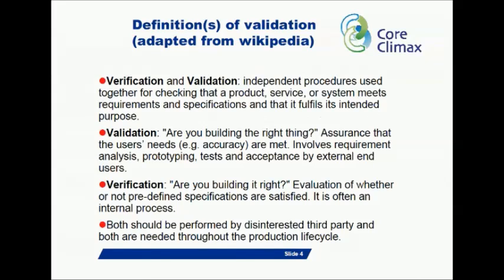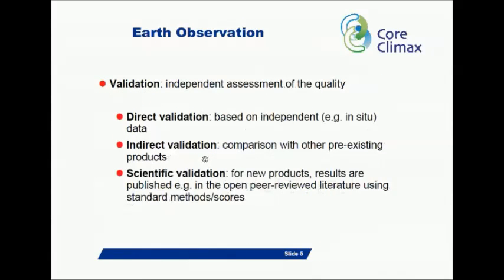In the field of Earth observation, both validation and verification require a very solid technical background, and very often the same persons or the same group do validation and verification. This is why, in general, in Earth observation, the community does not really make the difference between the two, and we talk about validation in general. The definition here is independent assessment of the quality. In Earth observation we make the difference between direct validation and indirect validation.